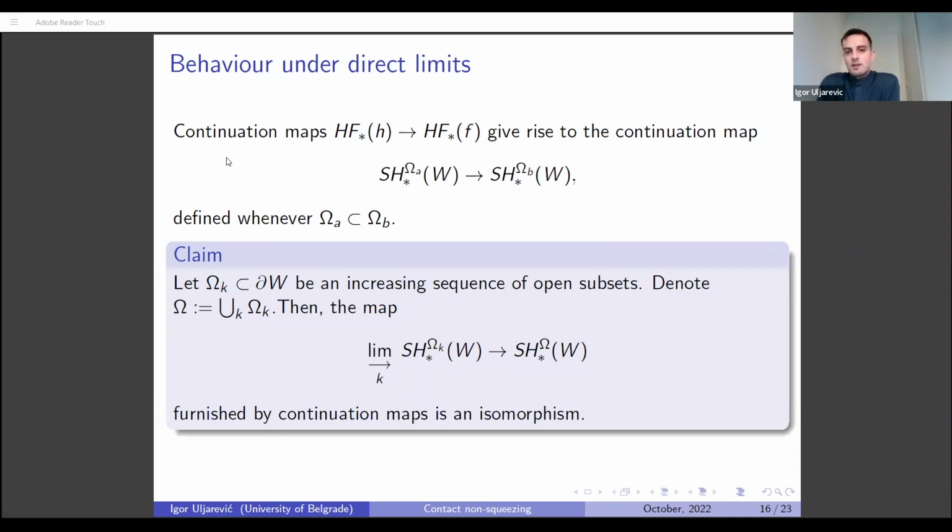And what holds is that this direct limit is canonically isomorphic to the selective symplectic homology of the union. The union here is denoted by omega. So the canonical isomorphism is furnished by continuation maps.